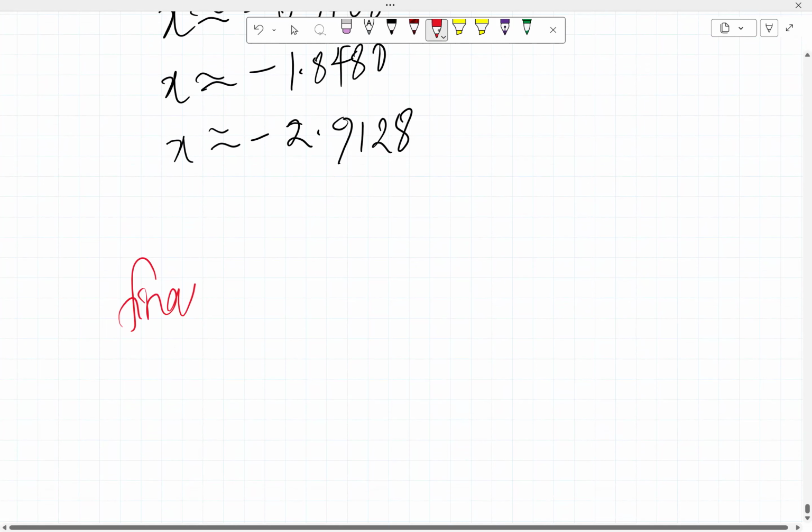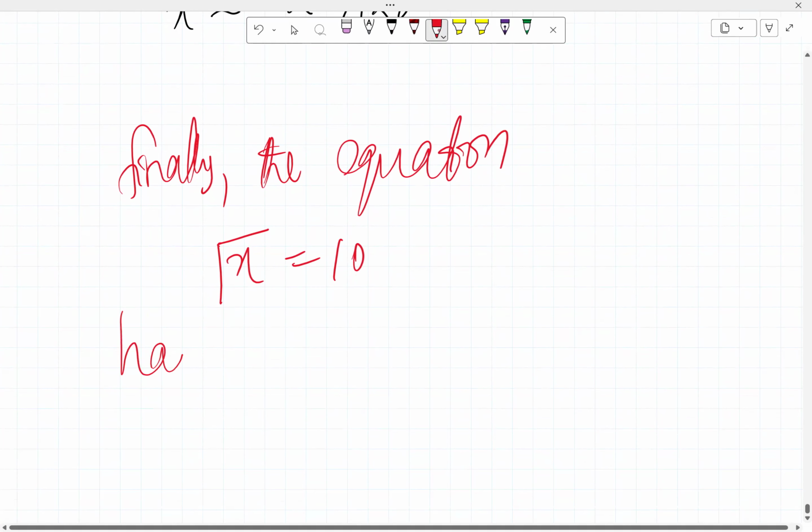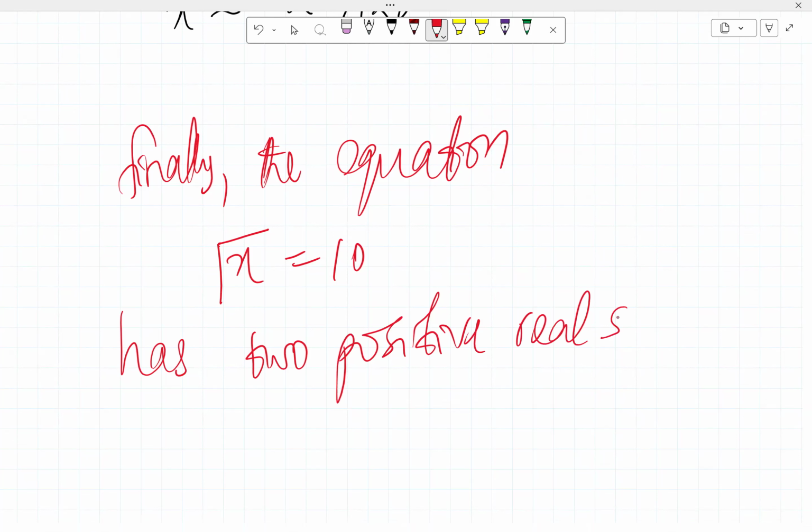Finally, we can say that the equation gamma x equals 10 has two positive real solutions.